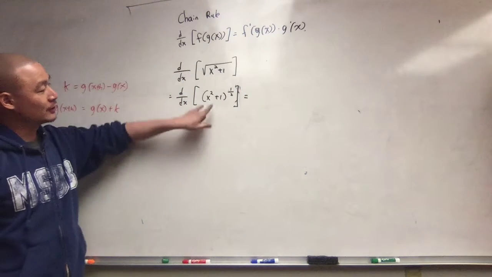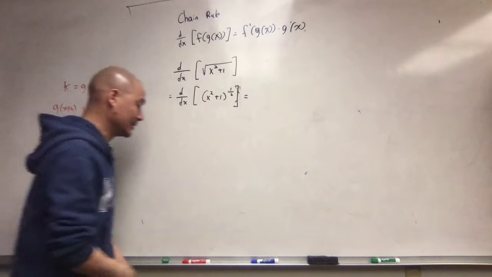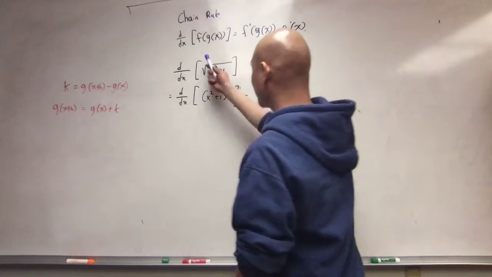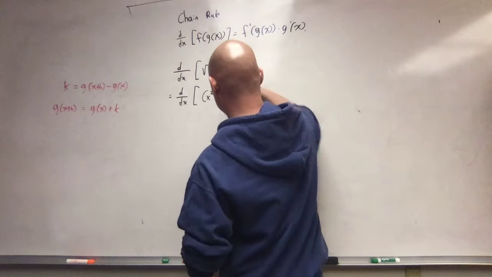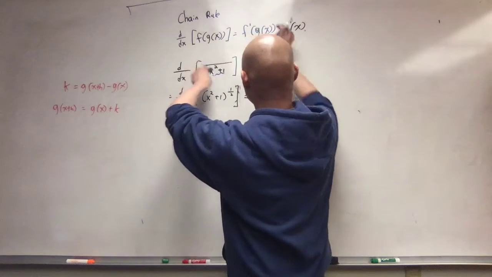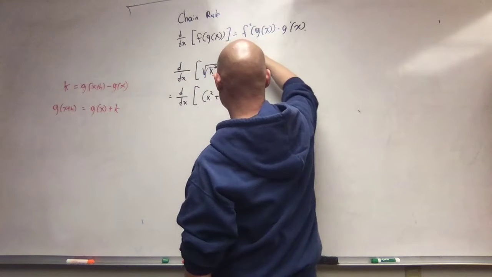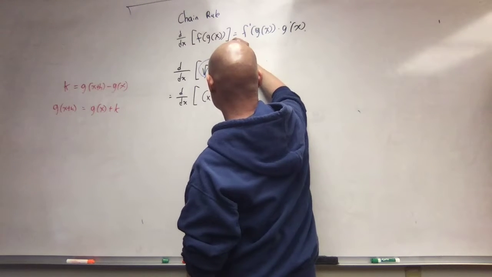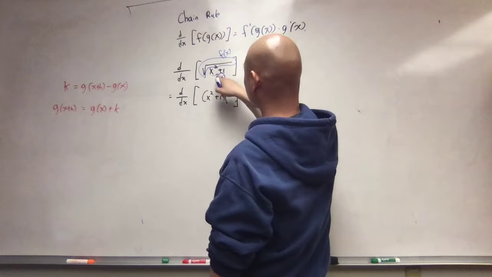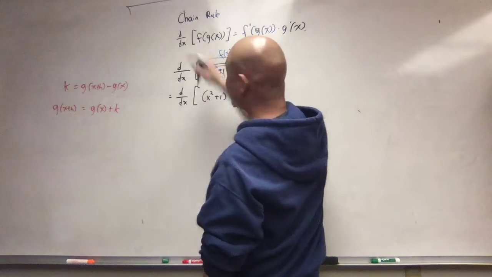And so if I'm evaluating that, then I need to see this as a composition of functions. What I see is that there's a g of x on the inside, and there's an f of x, which is square root of x, on the outside. The x squared plus 1 lives inside the square root.